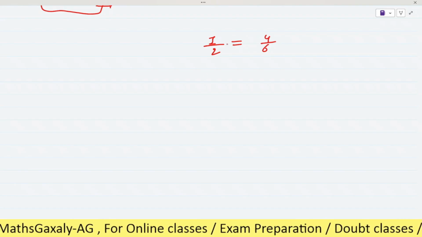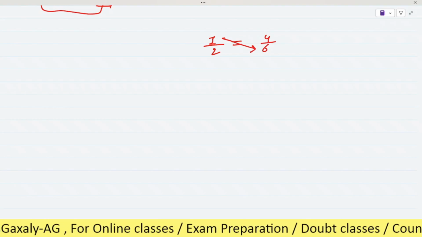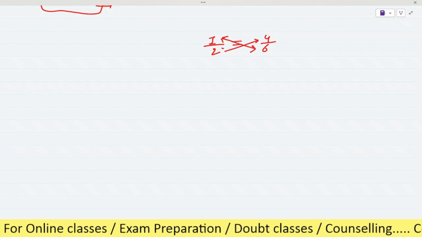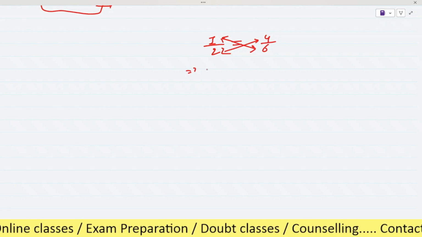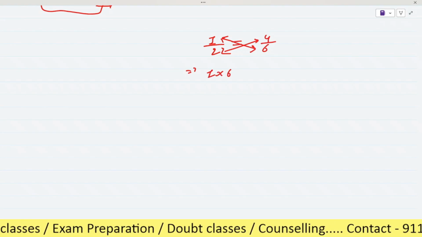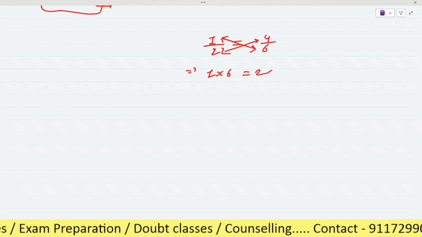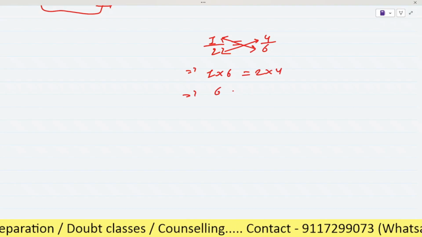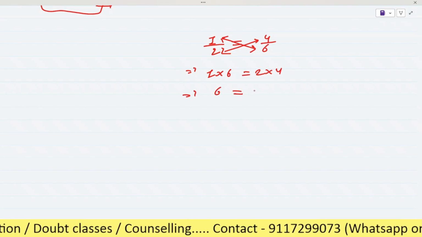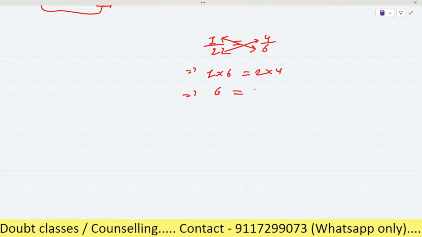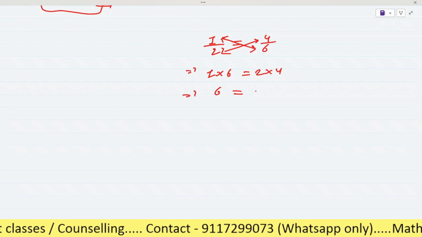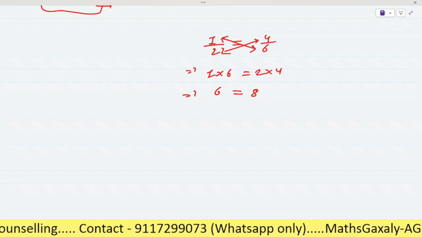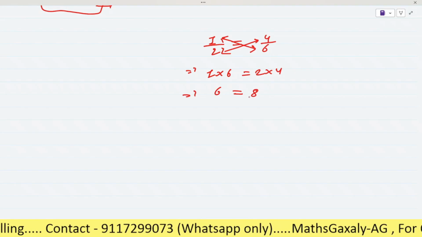When we do the cross multiplication, this 1 will be multiplied by this 6 and this 2 will be multiplied by 4. Then it will be 1 into 6 equal to 2 into 4. When you solve it, 1 into 6 is 6, and 2 into 4 is 8. Are 6 and 8 equal?